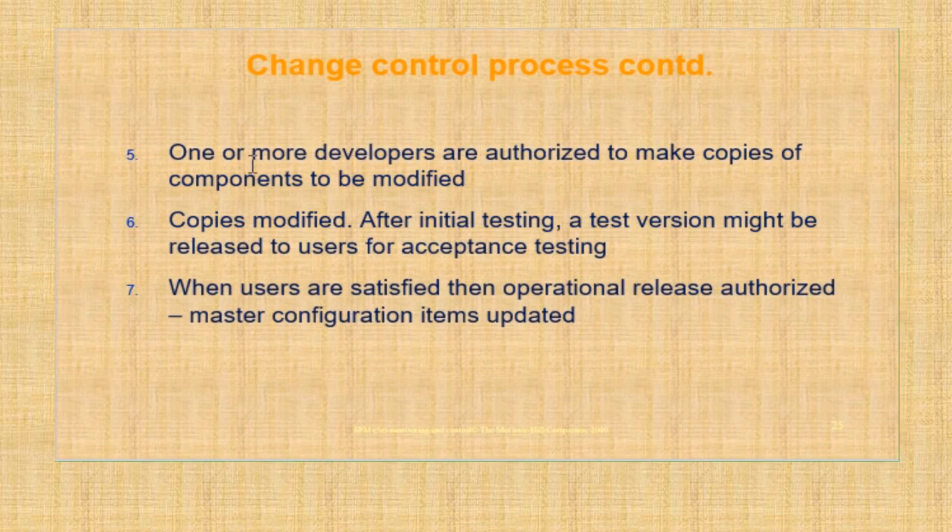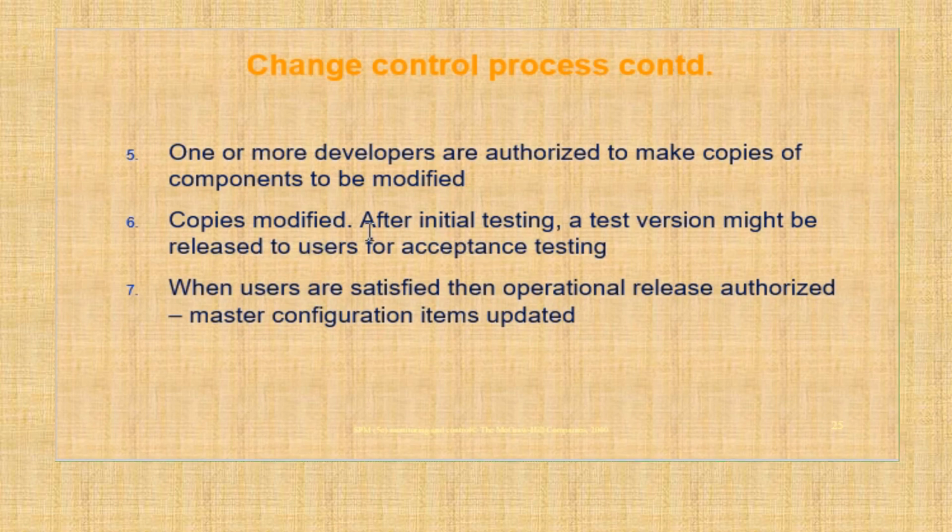Another point of this process control is the confirmation for the control release itself. One or more developers are authorized to make a copy of the components, meaning they are given authorization for how this change is released. The copy is modified, which means the original is not directly modified.